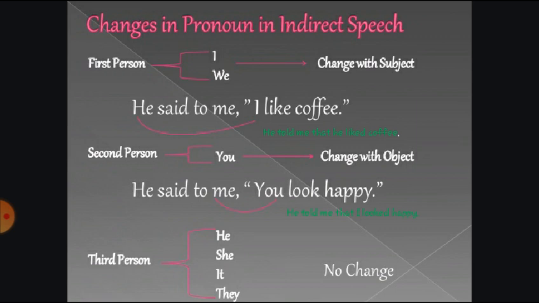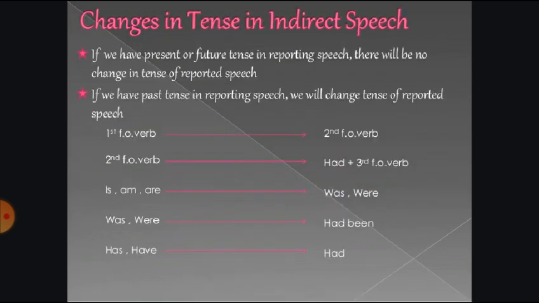In the same way, second person according to object of reporting speech. And I hope, dear student, you have also studied that third person requires no change. So this is about change of person or pronoun.